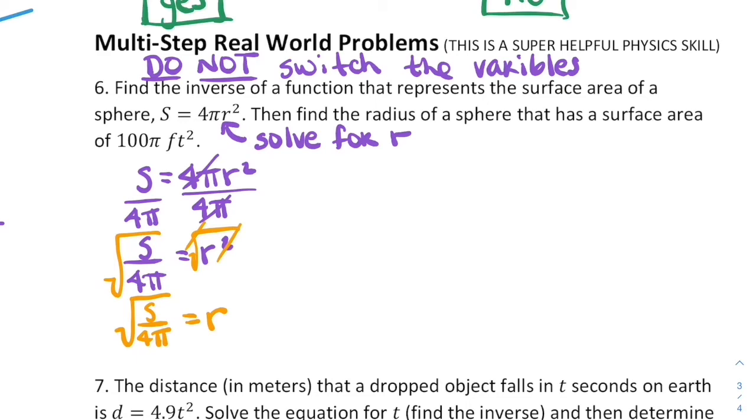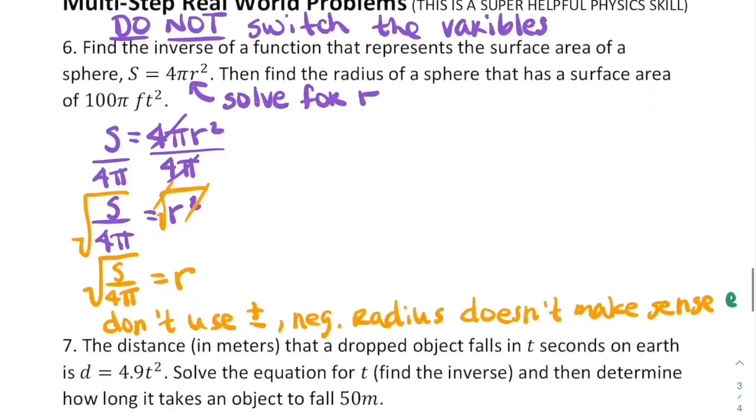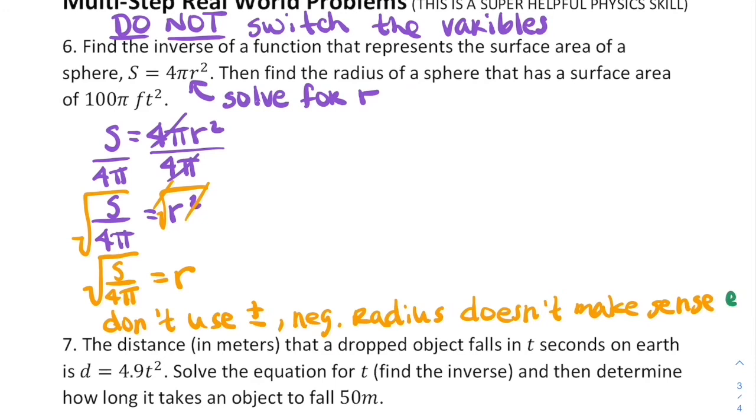So let's make ourselves a note of that. Let's not use the plus and minus, because a negative radius doesn't make sense. So sometimes whenever you are doing real-world problems, you have to put a real-world thought into it. There's no such thing as a negative distance.